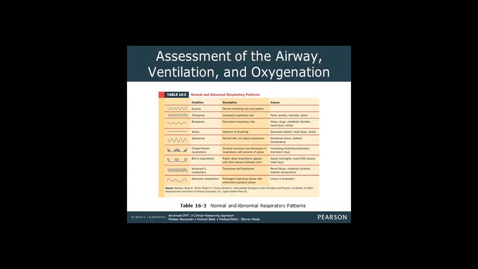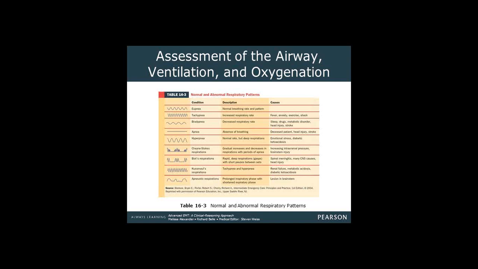Kussmaul's is hyperpnea and tachypnea constantly, very heavy, very fast. And then apneustic is prolonged inspiratory phase, very shortened expiratory phase. A lot of times it's very unpredictable. And you can see the causes there. So tachypnea, usually fever, anxiety, exercise, shock, bradypnea, some drug overdoses, sleep, some metabolic disorders, some types of head injuries. Apnea, all kinds of different things.